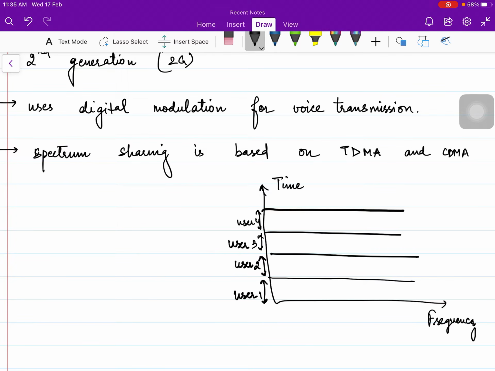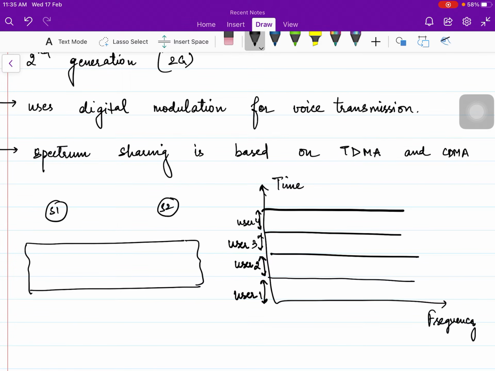Now what is CDMA? Full form is code division multiple access. Here you will be dividing the spectrum to the multiple users and you will be assigning each user a specific code. In the case of CDMA, I'll only tell you about an overview. For example, this is a channel, and there are 4 users: station 1, station 2, station 3, station 4.